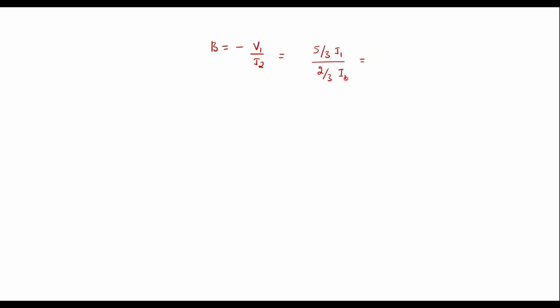Here I1 will get cancelled, 3 will get cancelled. We have 5 by 2 which is equal to 2.5. So it is voltage by current, it means 2.5 ohm. So we found B value which is equal to 2.5 ohm.